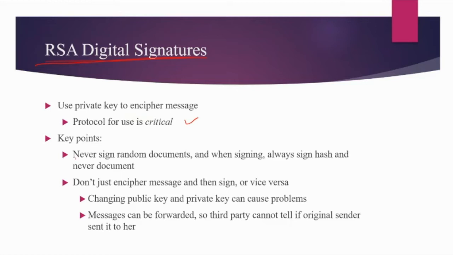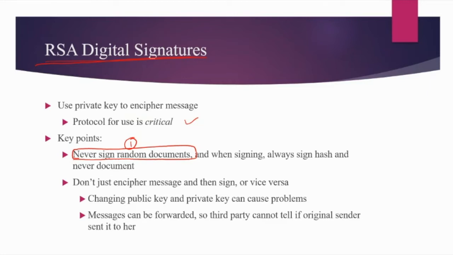Never sign random documents. This is the first point you have to remember. You may observe that there is no harm in generating the signs, everything is properly secured, but the first important key point is, never sign random documents.